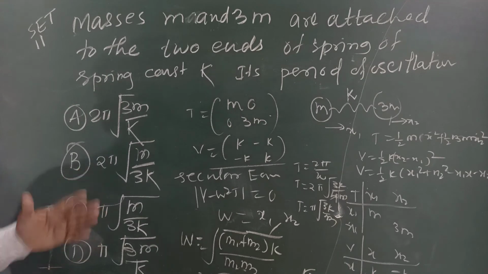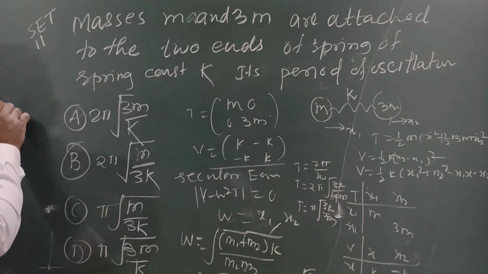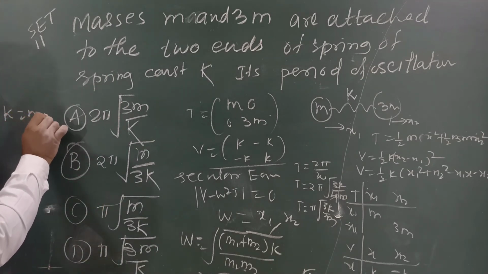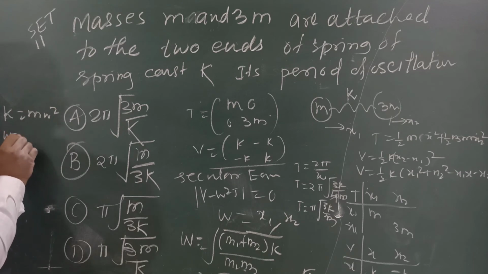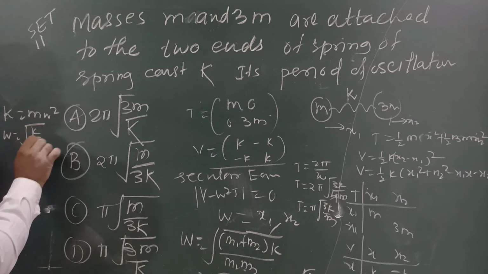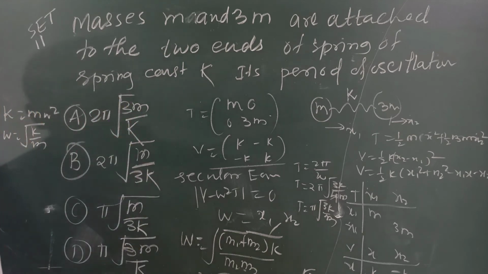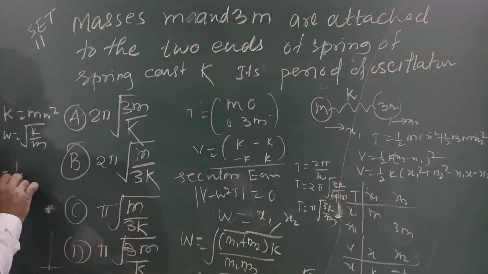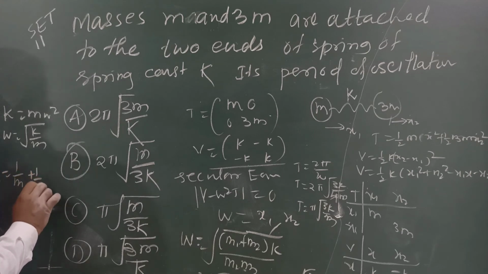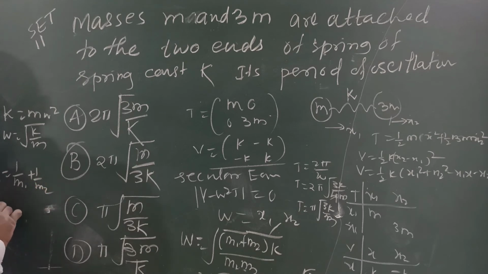Or simply, we cannot memorize this method; directly we can take it. We know that k is equal to m omega square. Then omega is equal to under root k upon m. Here we can take the two masses and convert the two body problem into a single body problem using the reduced mass concept. 1 by m is equal to 1 upon m1 plus 1 upon m2, means 1 upon m is equal to m1 plus m2 upon m1 into m2.